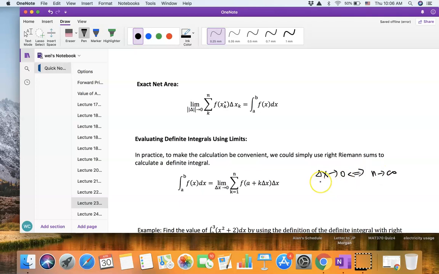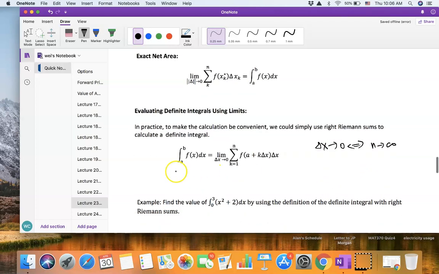So when the length of the subinterval approaches 0, it's the same thing as the number of rectangles approaching infinity. Okay. So in practice, when we are evaluating a definite integral, if the function is integrable, we use the limit of the right Riemann sum to do that.